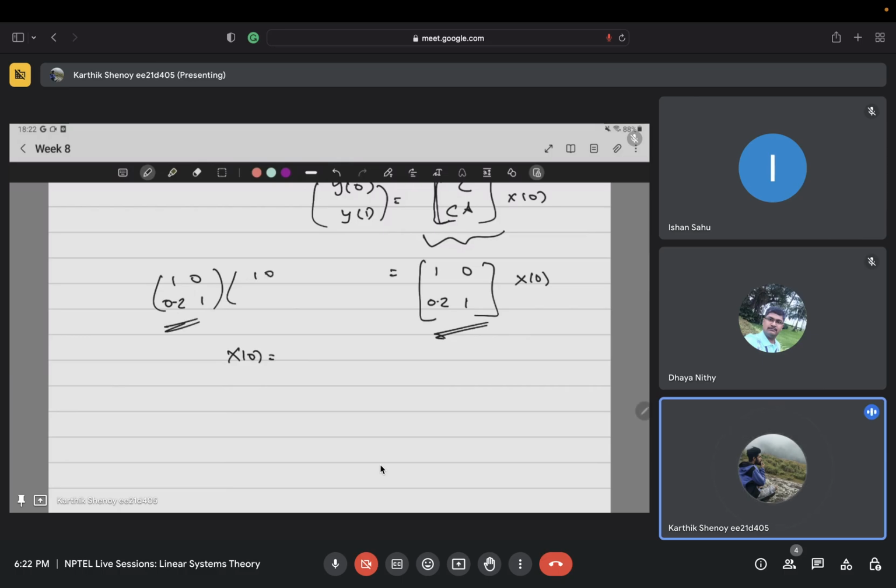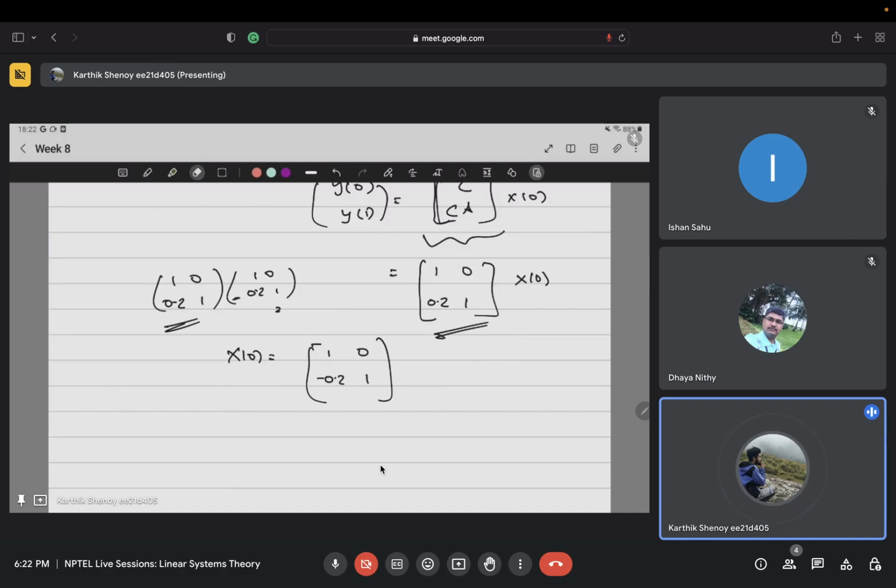Times [1, 0; 0.2, 1] gives [1, 0; ...], so it's not the inverse. There needs to be a negative here, right? Yes, there is a negative there. So this is the inverse: [1, 0; minus 0.2, 1].